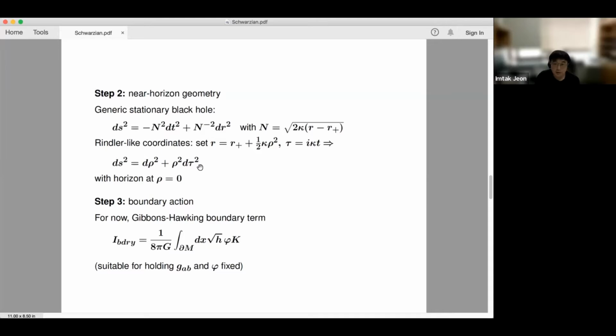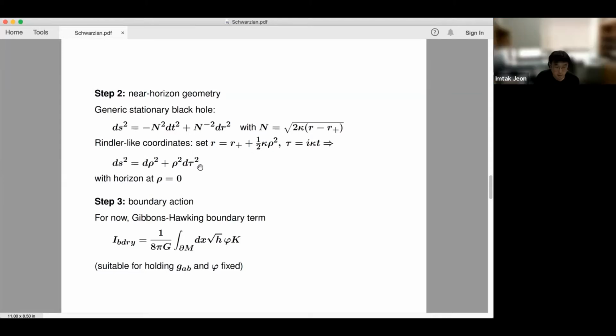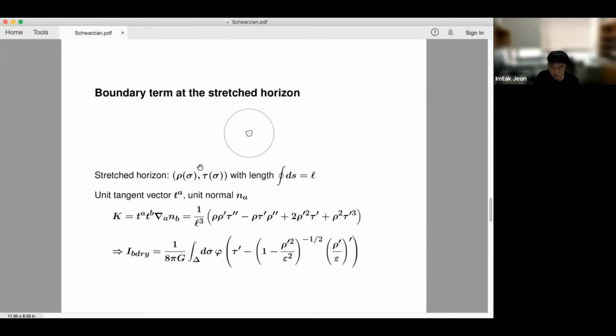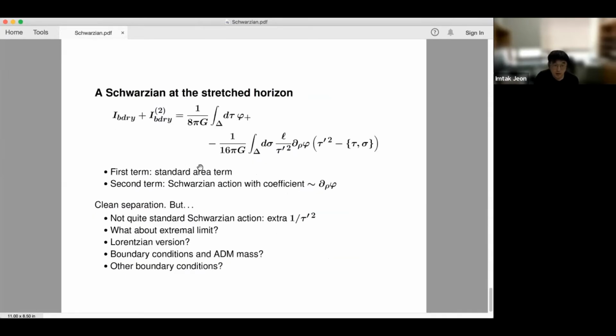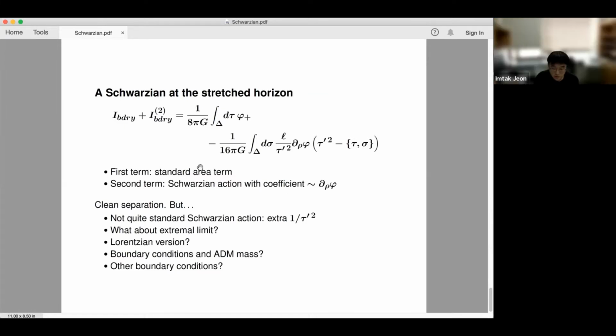Oh, can I ask one question? Yeah. In the last page of your slides, it's about the question about the extremal limit. Let me understand this question. Do you mean how to go to the ordinary Schwarzian action starting from this stretched horizon chart?